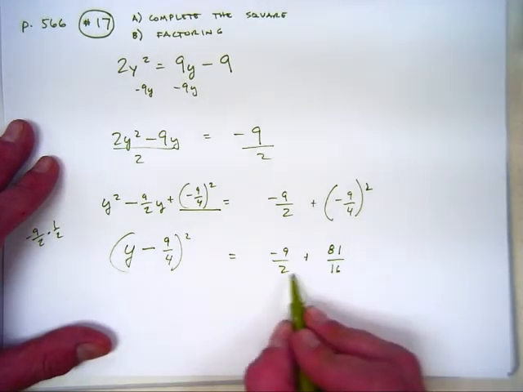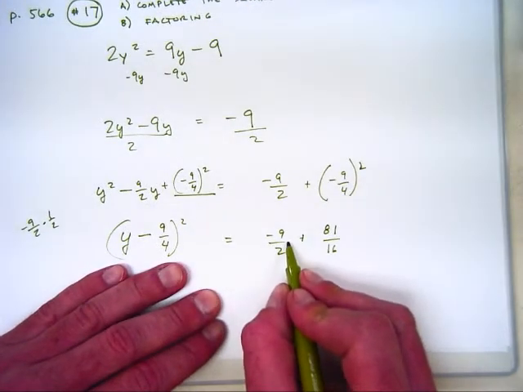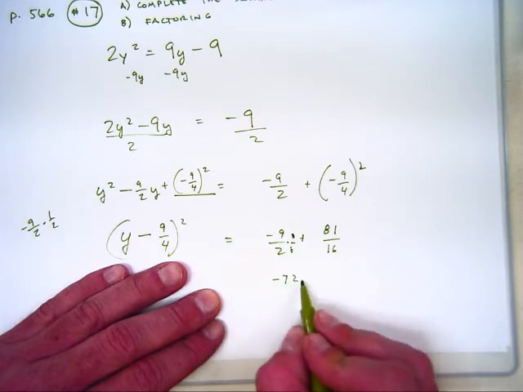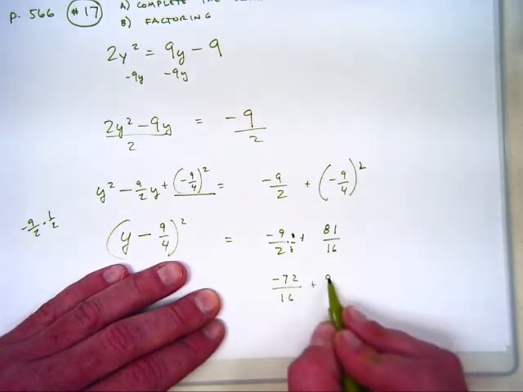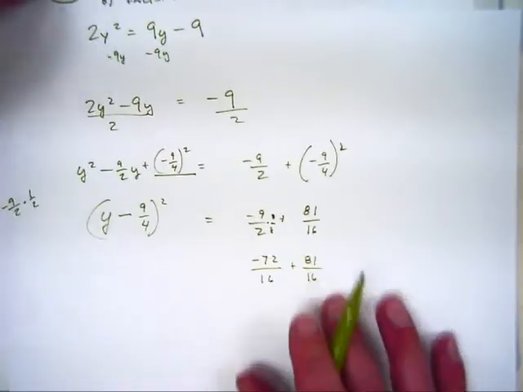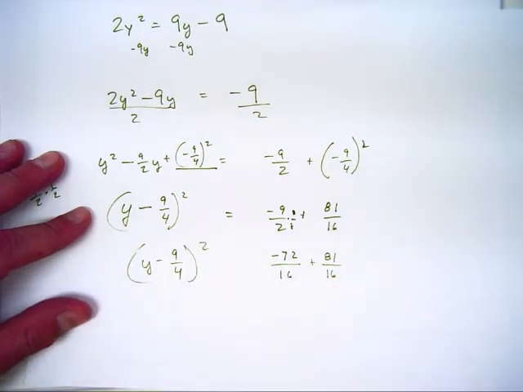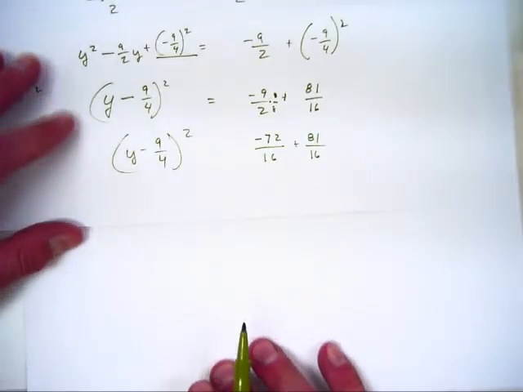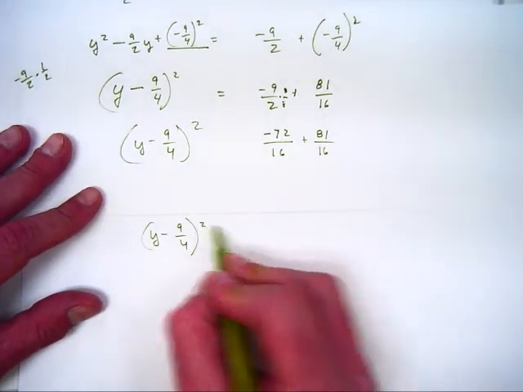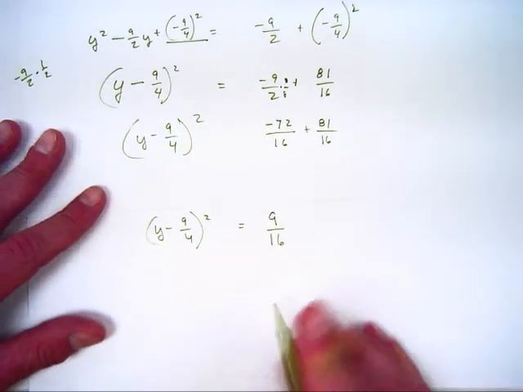So you got this here. Let's combine these and get a common denominator. I'm going to multiply this by 8 over 8 to get negative 72 over 16 plus 81 over 16. And down here I still have y minus 9 over 4 quantity squared. So I get y minus 9 over 4 quantity squared equals, and I'm going to simplify this to positive 9 over 16.